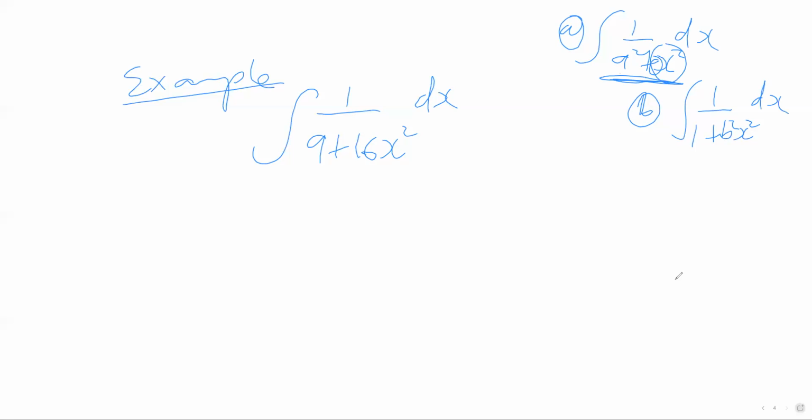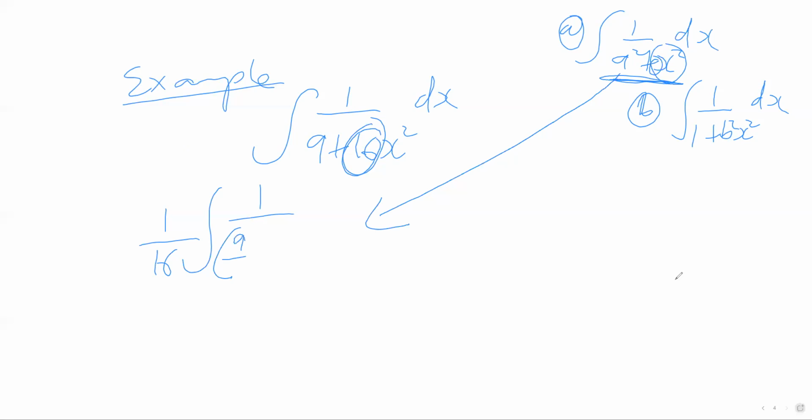So if I want to go this route, then it means that I don't need that 16 there. So I can factor it out. So I'll have 1 over 16 that I've factored out. Now factoring out is the same as dividing through. So since I've factored out 16, I'm dividing through: 9 over 16 plus x squared, dx.